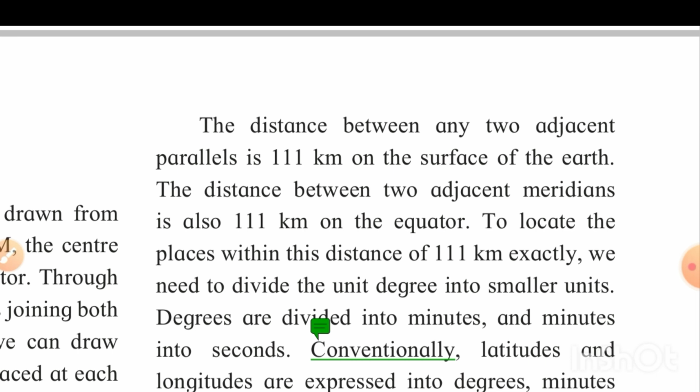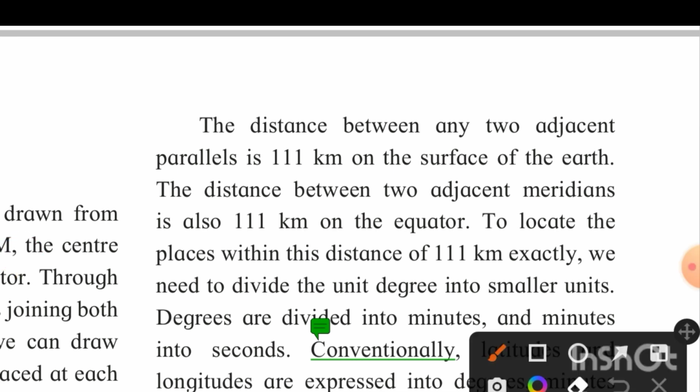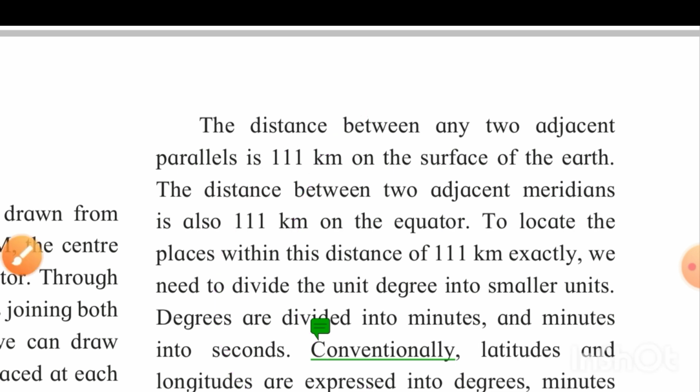So this is one thing which is common: even if it's a parallel, like the parallels of the equator, the distance is 111 kilometers. Or even if it's a semicircle like this one, the distance will be 111 kilometers. So the distance is common.